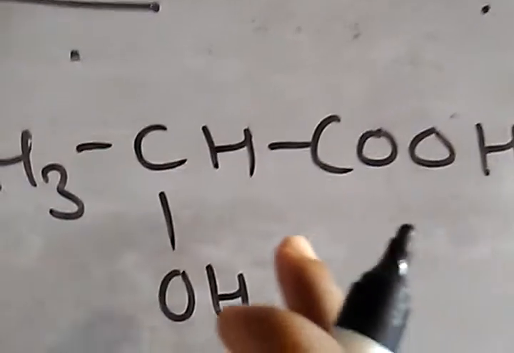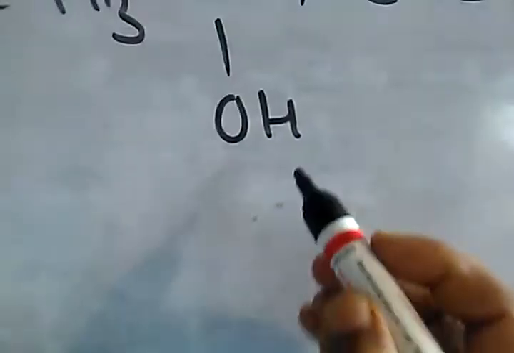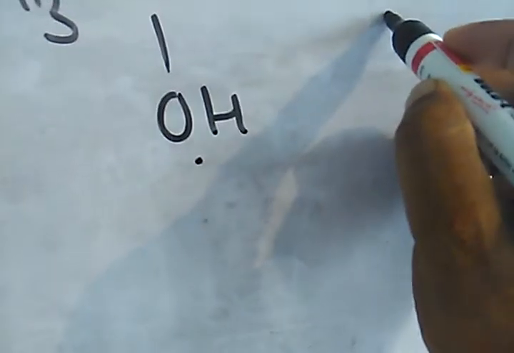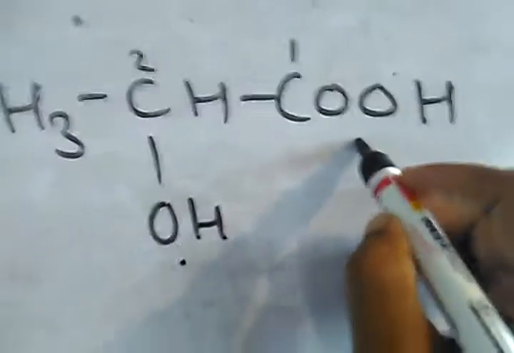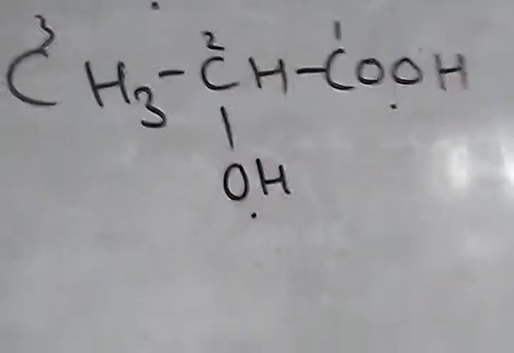Next example, CH3CH(OH)COOH. 1, 2, 3. OH will be considered as side chain because COOH group is the senior functional group as compared to the alcohol. That's why it will be considered as side chain.